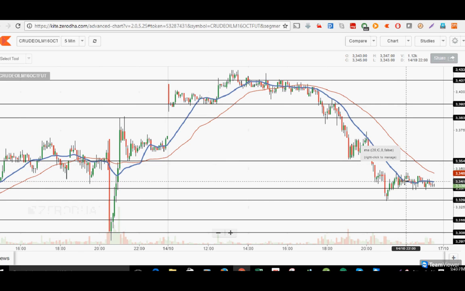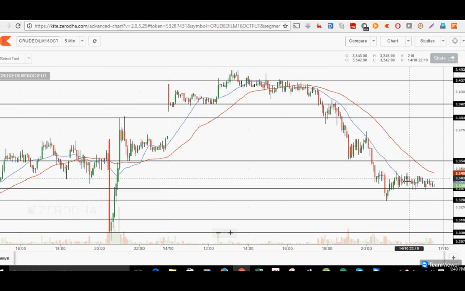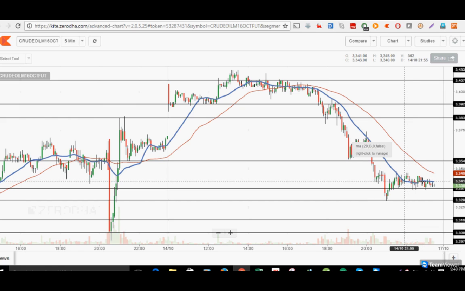It's taking EMA support. RKB, I think you took some long here yesterday at 3338, right? So based on your price action, from my understanding, it started taking EMA20 support in all these candles, with few red ones closing with some green candles. So it's true that it may reverse to upside from now onward.